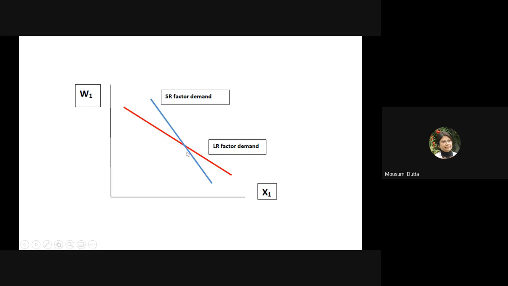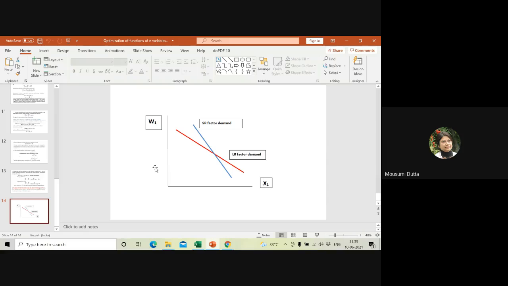So from here the idea of envelope curve will come, and in context of constrained optimization we will talk about how the long run curve envelops the short run curves. With this I'm completing the analysis of unconstrained optimization, and now I'll shift to analysis of constrained optimization.